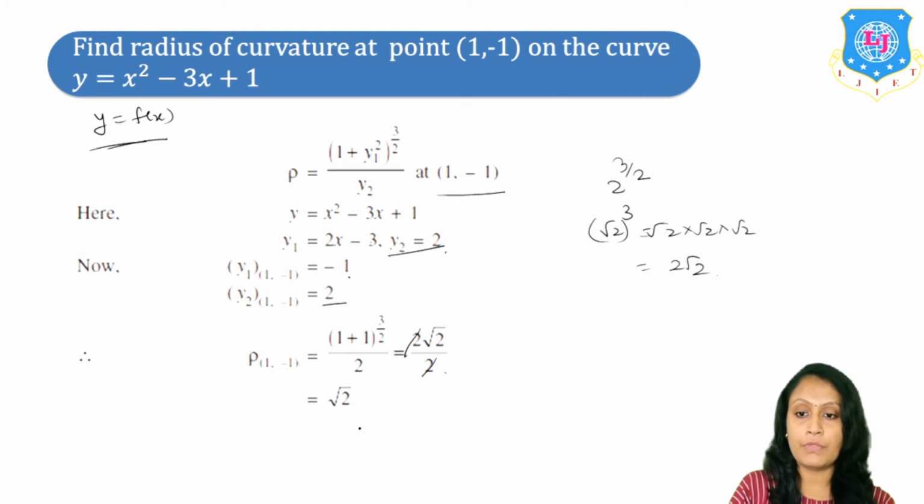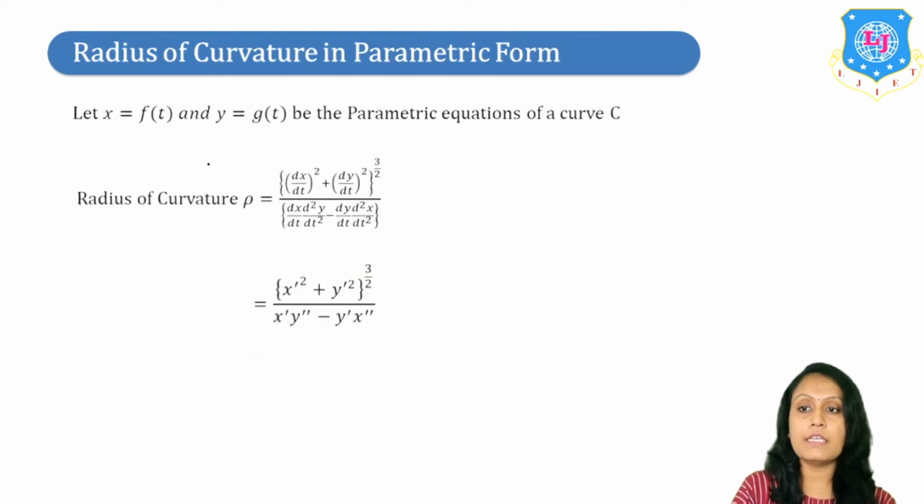Under root 2. Now we will discuss radius of curvature in parametric form. So if x = f(t) and y = g(t) be the parametric equation of the curve, the equation of the curve is given in this form, that is, x is some function of t and y is some function of t.